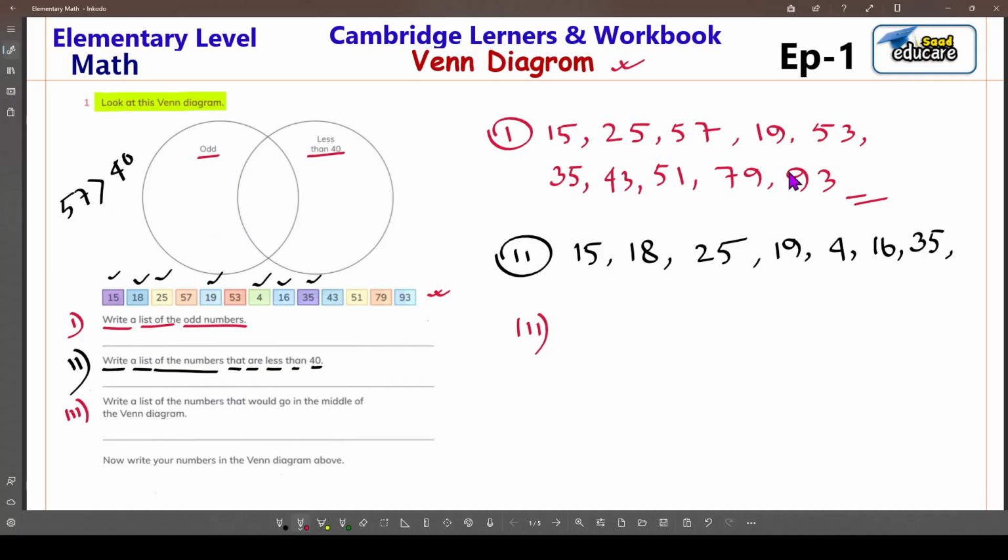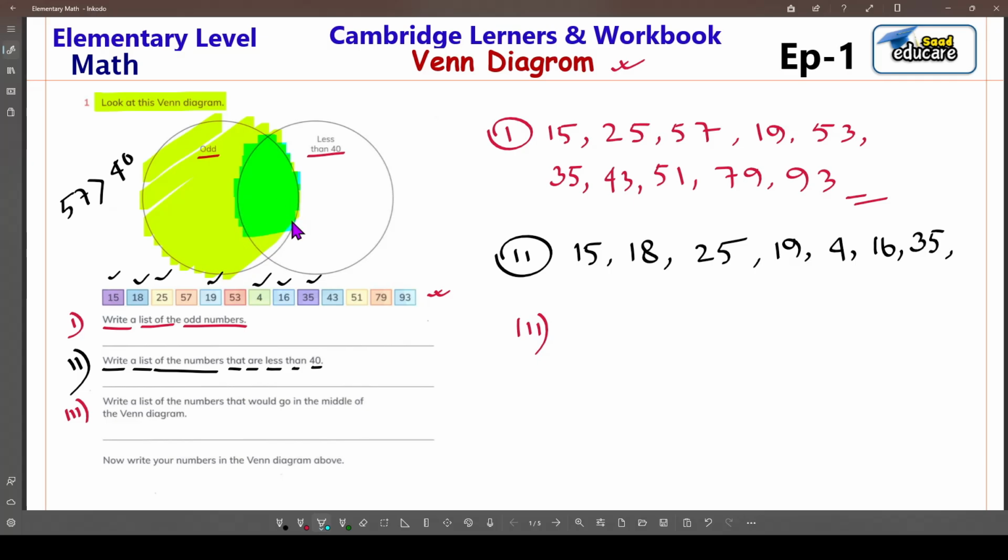We already found the numbers which are odd, 15, 25, 57 like this, and this middle number should be odd because this circle, this part, all are odd numbers, right? All are odd numbers, but here is one condition, which is in the middle portion, that number which is odd and also less than what?